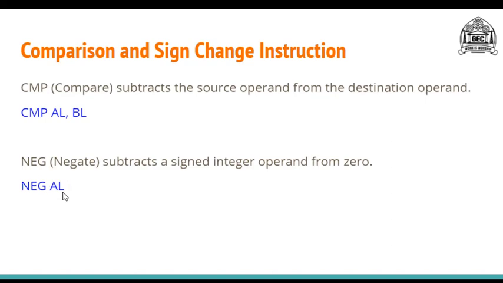If it is a positive content, it will reverse the sign and make it negative. And if it is a negative value, then it will convert it to positive, which is why it is considered a sign change instruction. So in this example, NEG AL will negate or reverse the sign of the content in your AL register. So these two are our compare and sign change instructions.